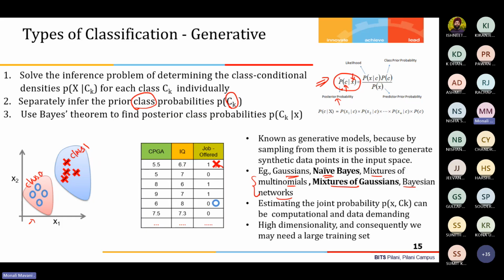And what we get is the probability distribution for each class. So you can say this red region and the blue region. Any data points within this region, say for example the blue region, will be classified as class 1. So our generative algorithms give us the probability distributions per class.